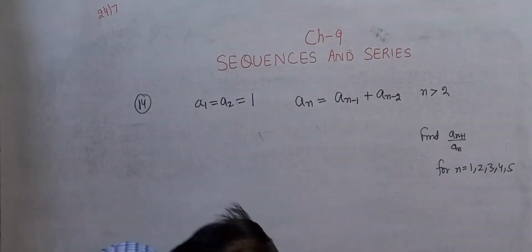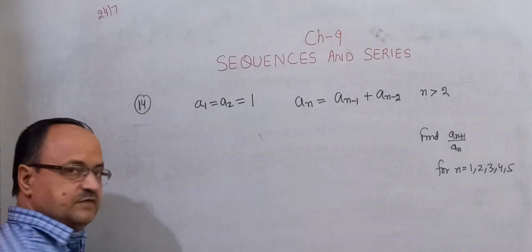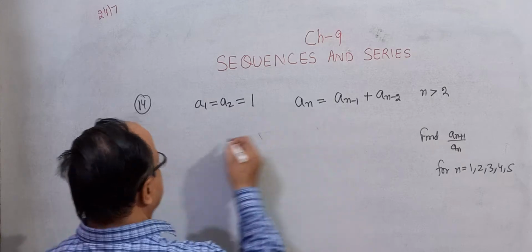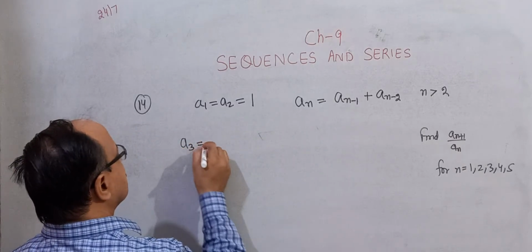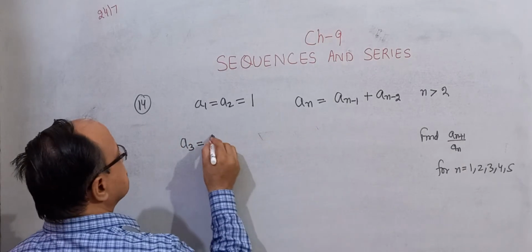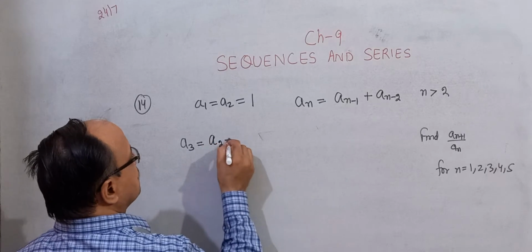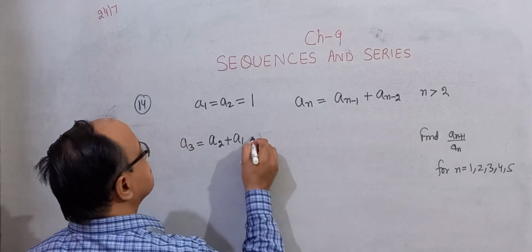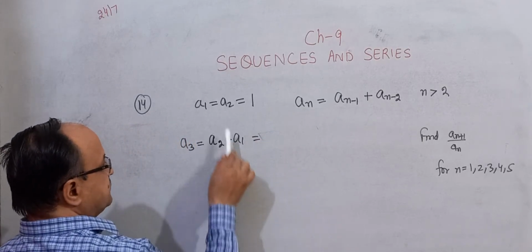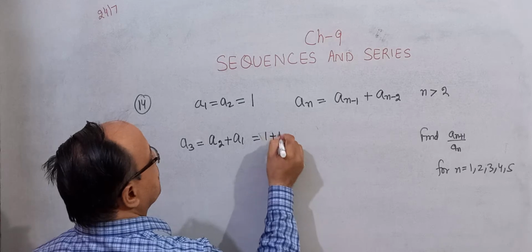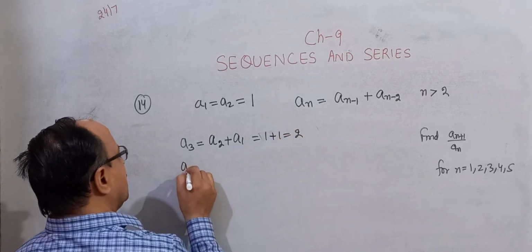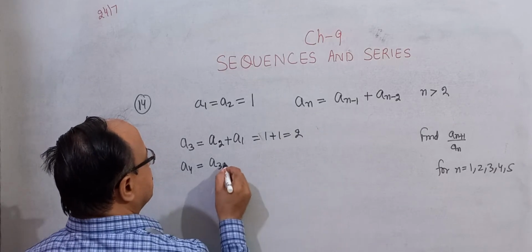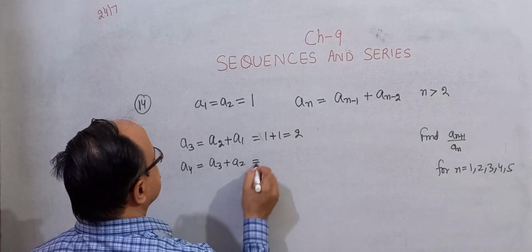Clear? Now the first and second terms we know, they are 1. Put here n is equal to 3. 3 minus 1 is 2, and 3 minus 2 is 1. You know that A1 and A2 both are 1. 1 plus 1, 2. A4, when you put here 4, is A3 plus A2.